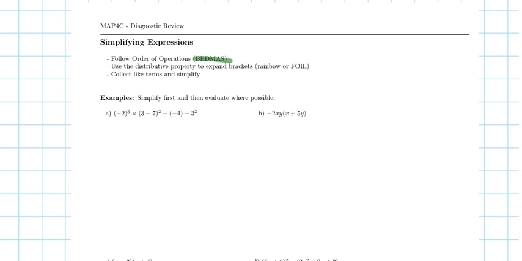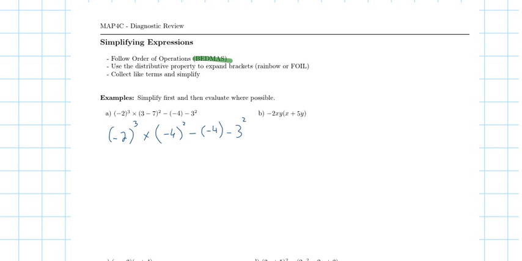The first one is already simplified, so I can't do much for it. In the second bracket, I have 3 minus 7, so I have to do that. That gives me -4 squared. In the third bracket, there's nothing I can do, so I'm going to leave it and write the rest. So I did my first step, which is solving inside the bracket.